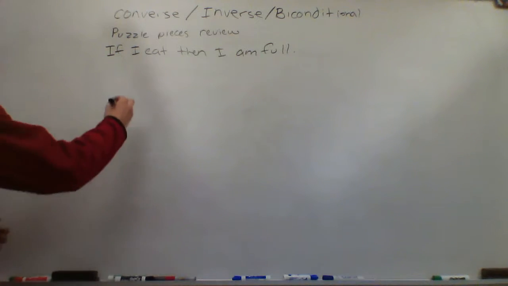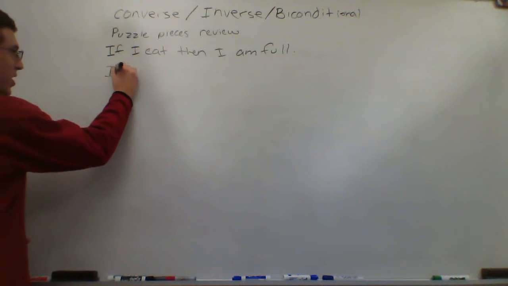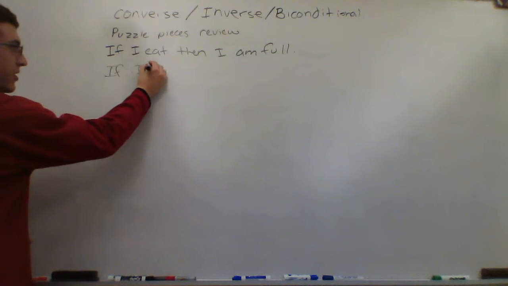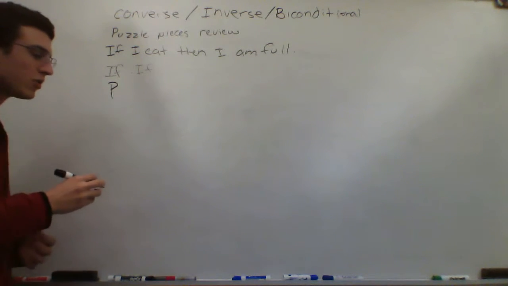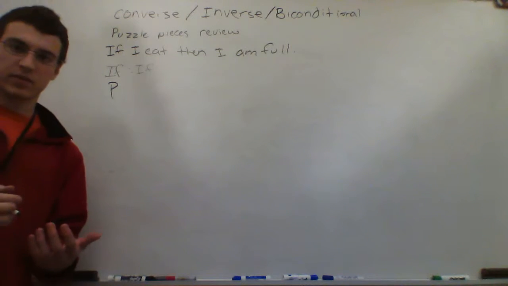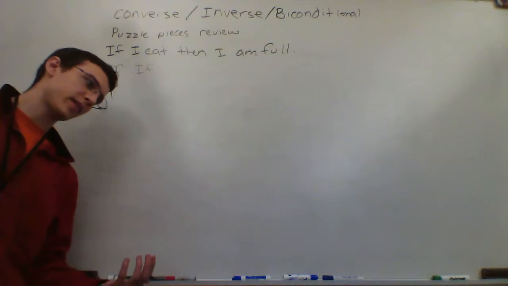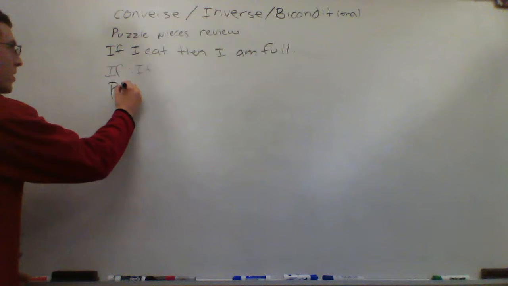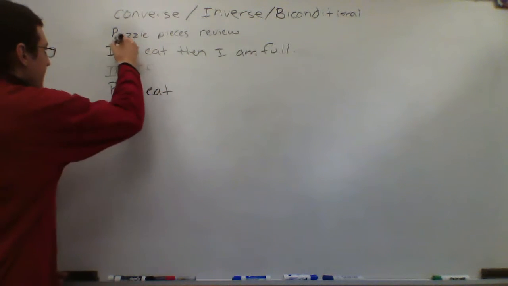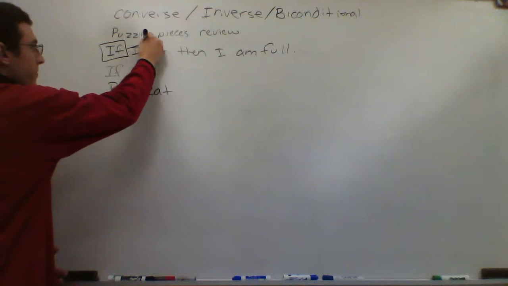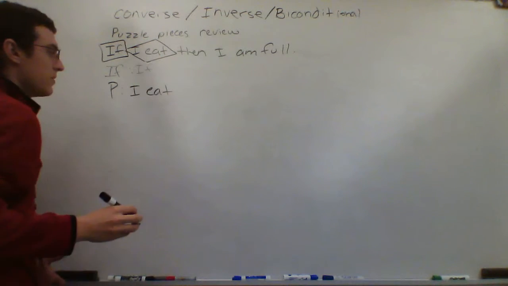So we'll start with our if. That is our first part, if. It's always just if. Next we have our P, which is also our hypothesis. P, hypothesis. Our P is I eat.